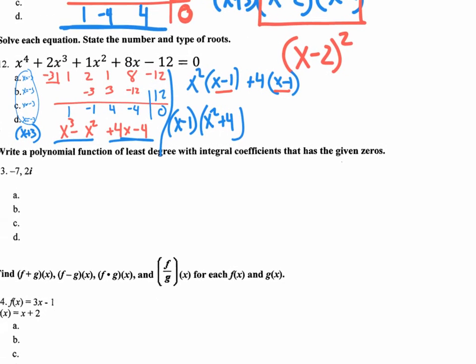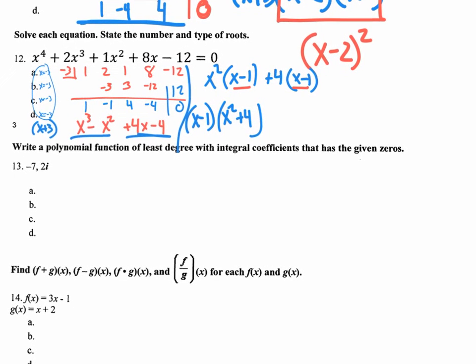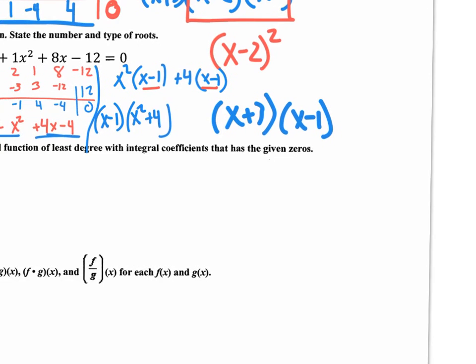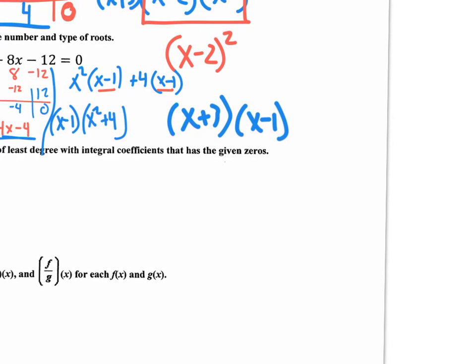So if I actually do that, write it as x plus 3 times x minus 1 times x squared plus 4. And we know that it's equal to 0, right?